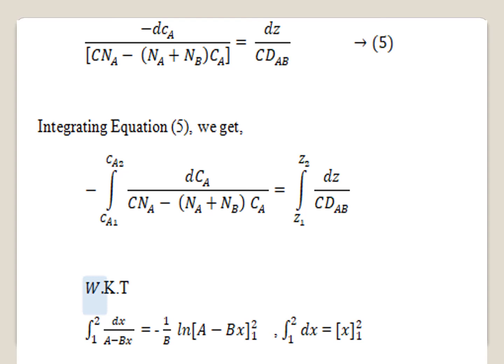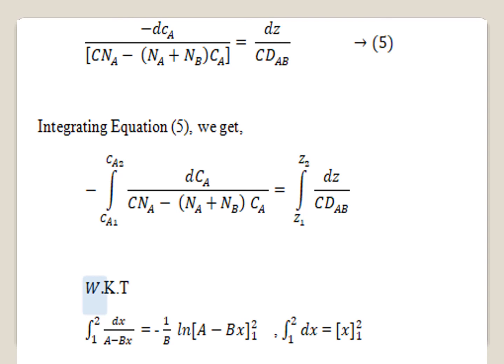So use the formula: minus 1 by b, where b is NA plus NB, ln of a minus bx, where a is C·NA and b is NA plus NB. x is Ca, and the limit is Ca1 to Ca2.